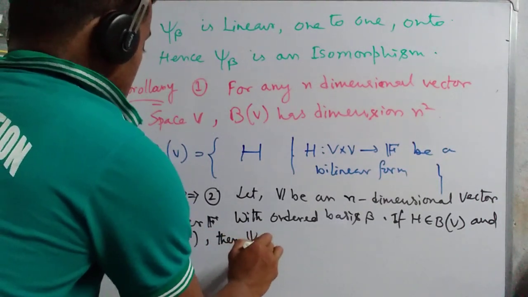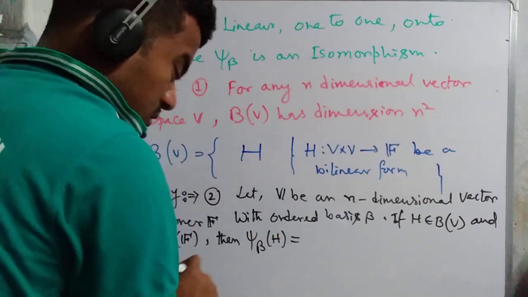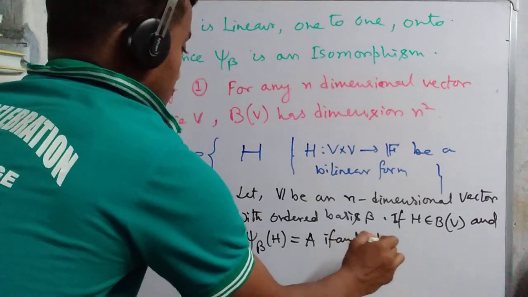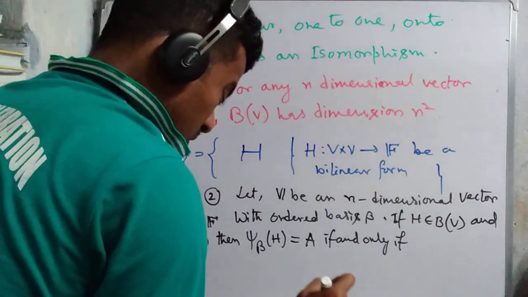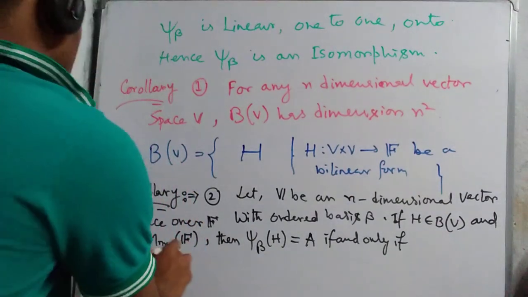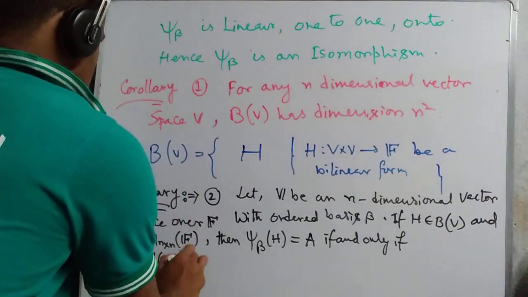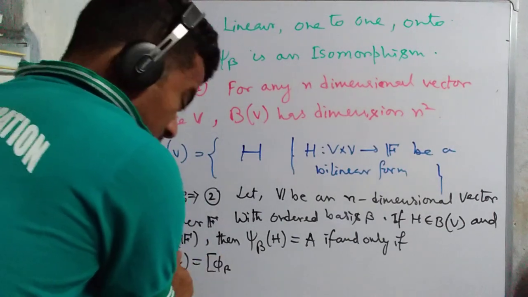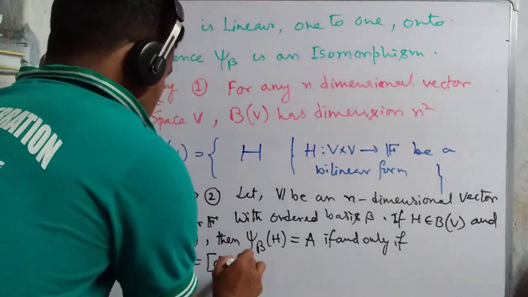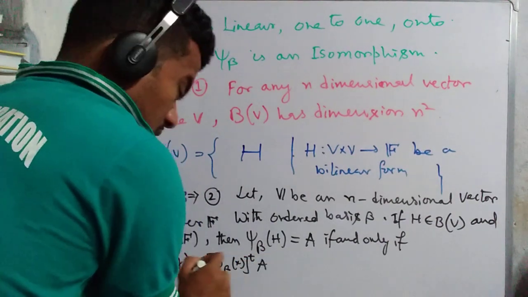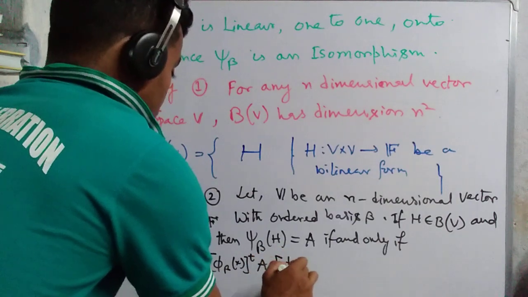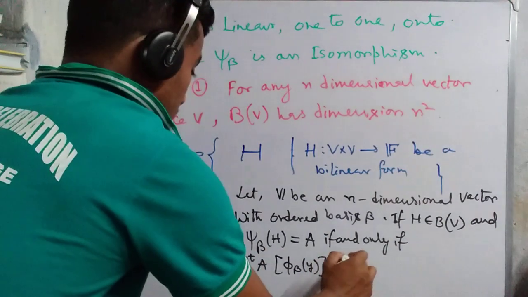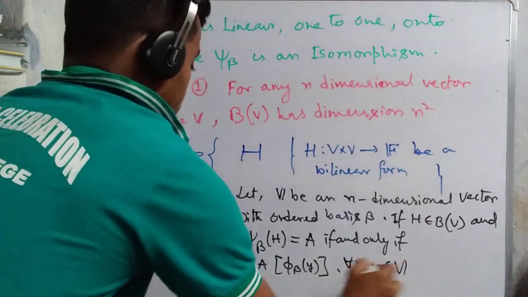Then psi beta of H is equal to A if and only if H of x, y equals phi beta of x whole transpose A phi beta of y, for all x, y belonging to V.